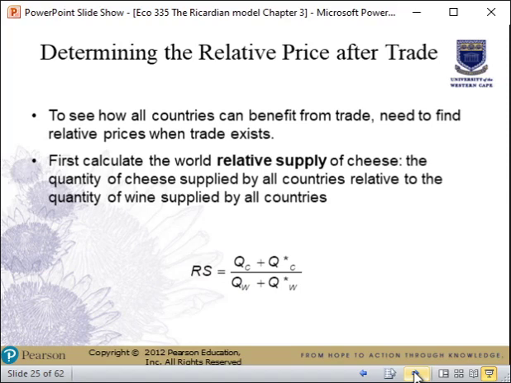That is to say, we are more interested in the relative supply and relative demand of traded products, not just the quantities supplied nor the quantities demanded. Firstly, let us start by analyzing the relative supply. Relative supply refers to the total quantities of cheese supplied by all countries relative to the quantity of wine supplied by all countries, as outlined by the equation below.